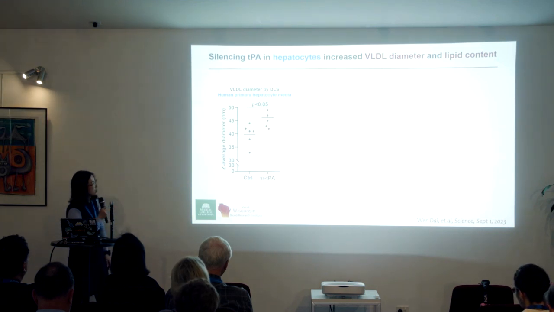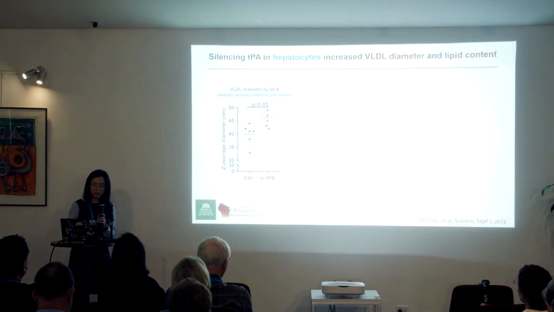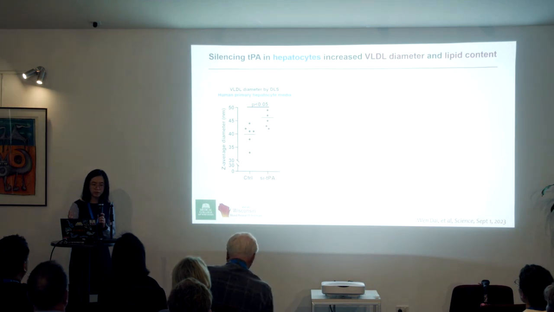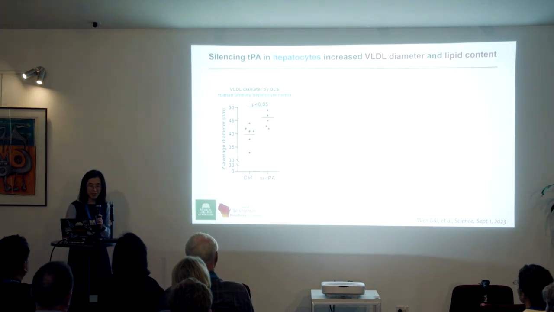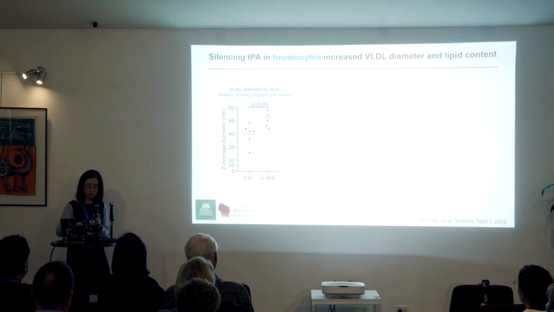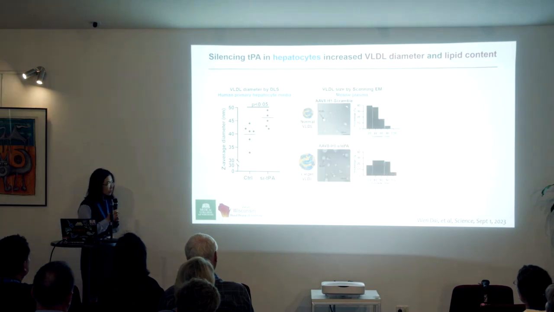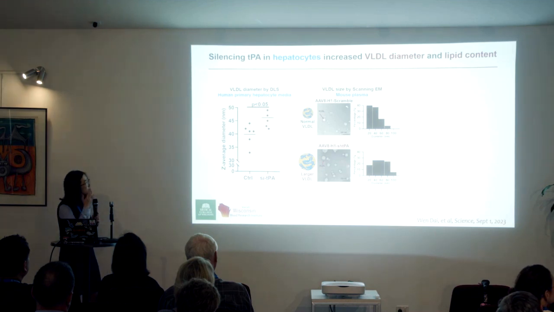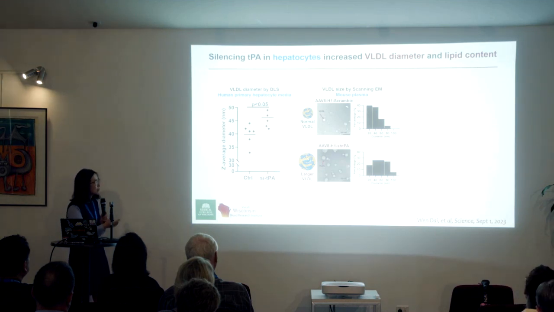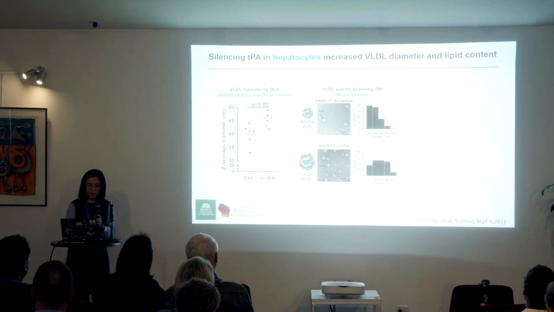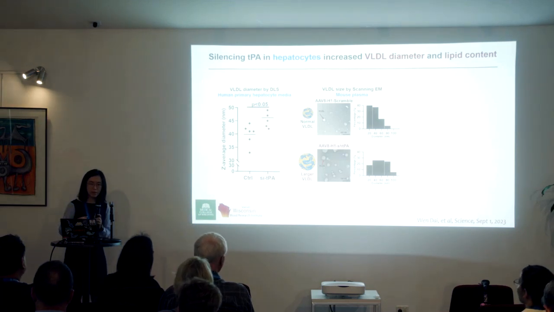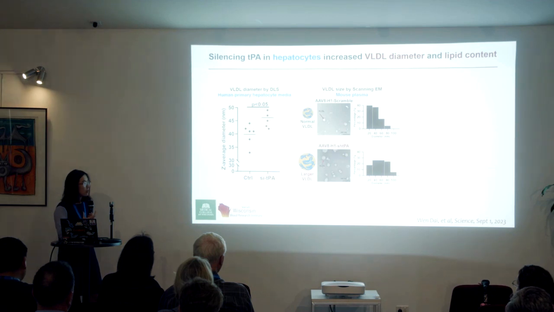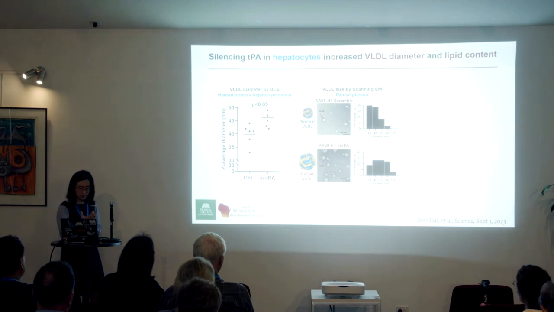We isolated VLDL particles from the human primary hepatocyte culture medium and compared their size using the dynamic light scattering method. After silencing TPA, the VLDL particle diameter increased. We can also visualize those particles isolated from the mouse plasma using scanning EM, and you can see that after silencing hepatocyte TPA, the VLDL particle diameter is increased.